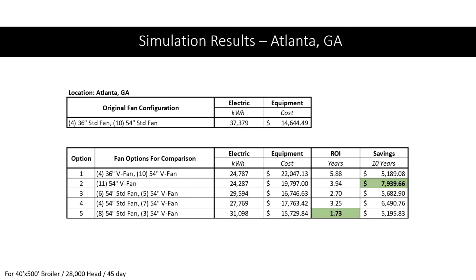So we see as the hotter climate goes, there's the return on investment that's your initial investment, but then we have to be thinking ahead a little bit about the actual long-term savings potential as well when we're making decisions on the number of V fans. So you can see here, we have less than a 4-year return on investment in option 2, but almost $8,000 potential savings in electric over 10 years.